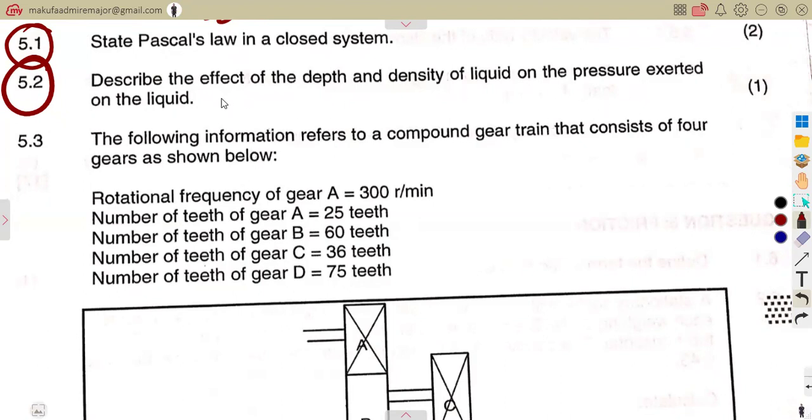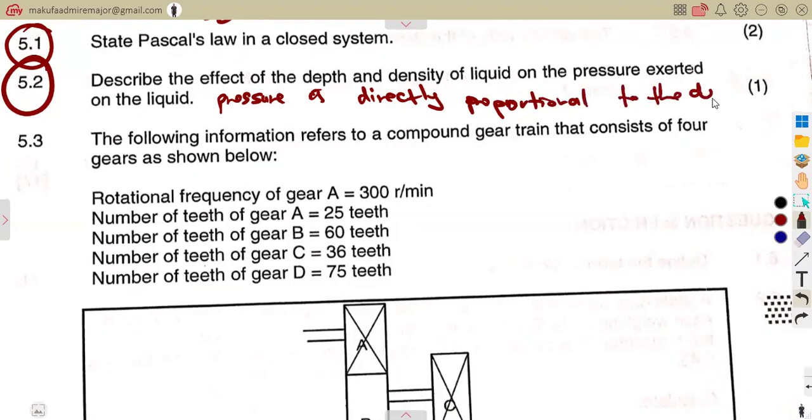So remember that pressure is directly proportional to the depth, and also the density of the liquid that is inside. So you talk of the liquid there. So with this, 1 mark is fine.